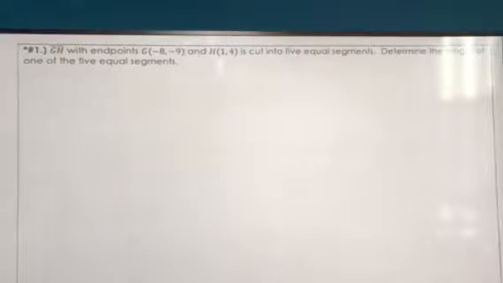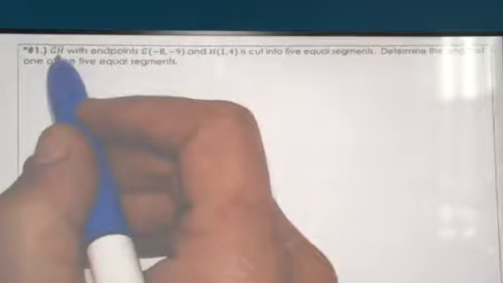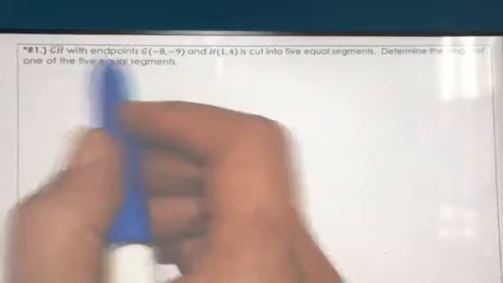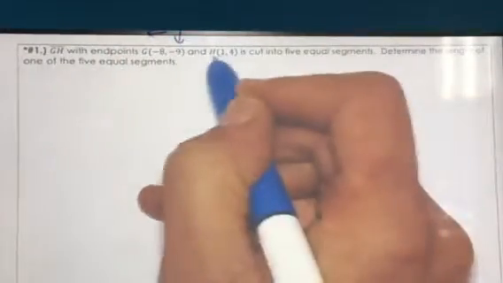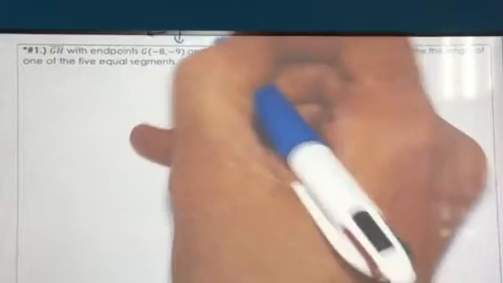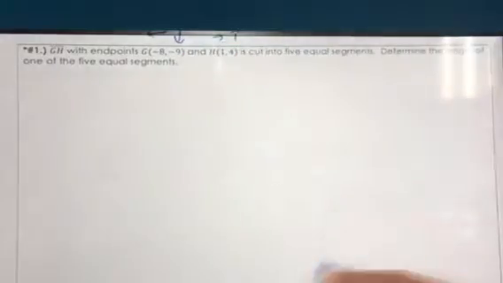Okay, this is You Do round 1, and these problems are no joke. So GH, segment GH with endpoints G(-8, -9), that's left and down, and H(1, 4), right and up. Let's just show what that thing kind of looks like.